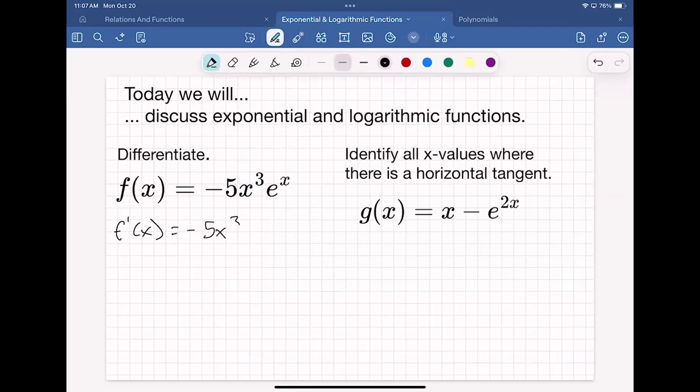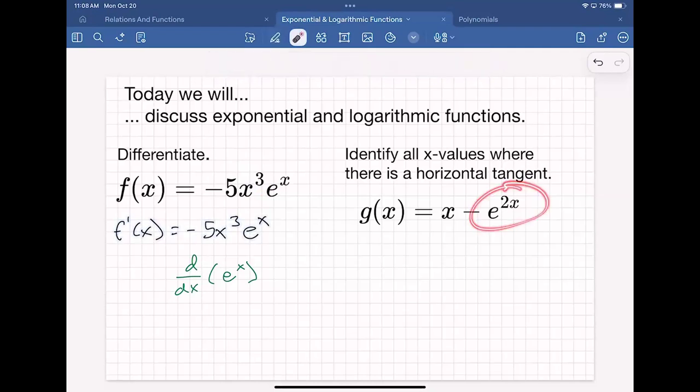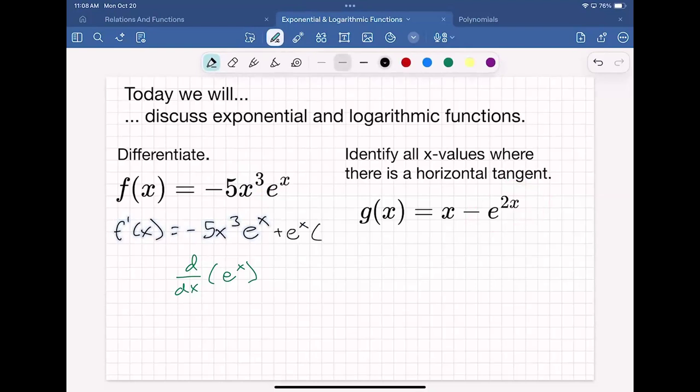What's the derivative of e to the x, though? All right, this is one of the things that you definitely want to be careful of. Whenever you're dealing with the derivative of an exponential, always watch for the chain rule. And we'll see that on the second one. I added a little bit more too. So always watch for your chain rule. But then we're going to have the second times the derivative of the first.